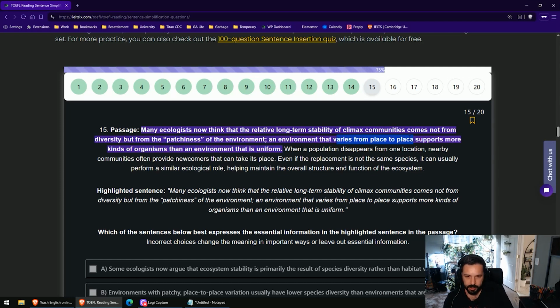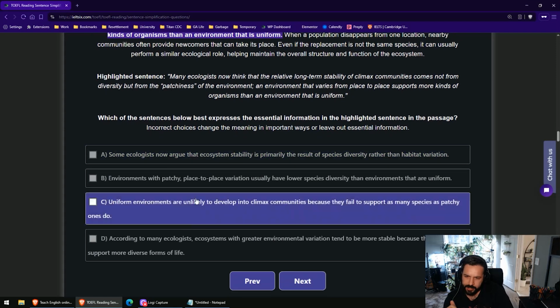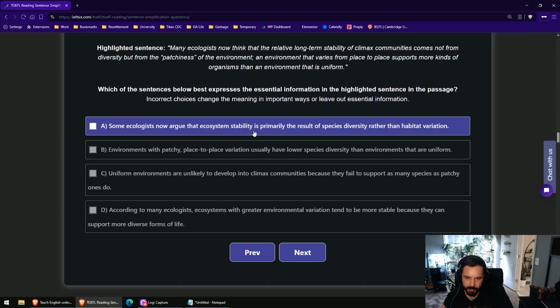It looks different in each part. Now let's see. Some ecologists now argue that ecosystem stability is primarily the result of species diversity rather than habitat variation. We didn't say that the stability of the ecosystem is the result of species diversity. Quite the opposite. The species diversity is because of the stability.